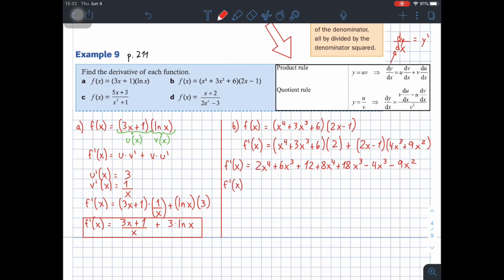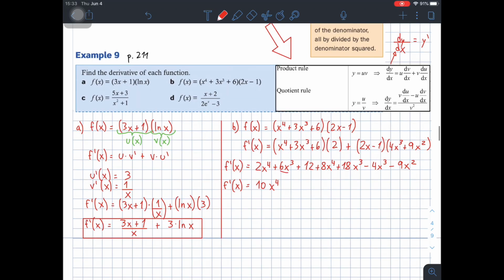So now I need to simplify like terms. For example, x to the power of 4 with x to the power of 4, this would be equal to 10x to the power of 4. Then x cubed with x cubed and x cubed, this would be 6 plus 18, that's 24 minus 4, 20.